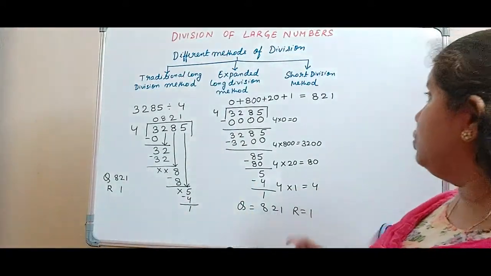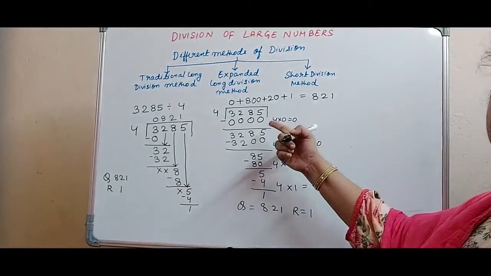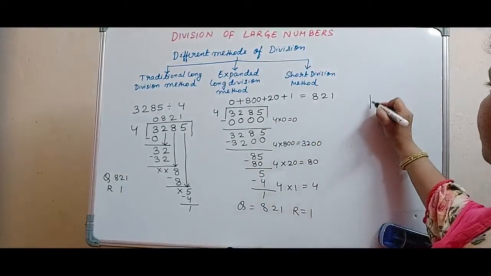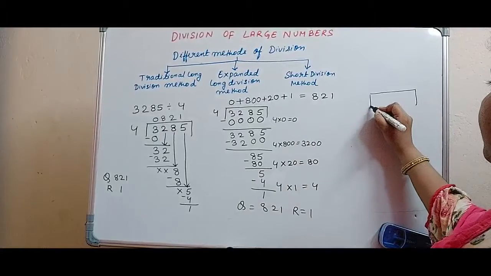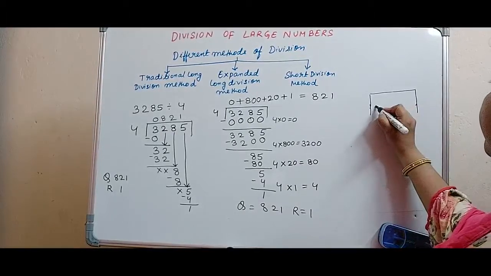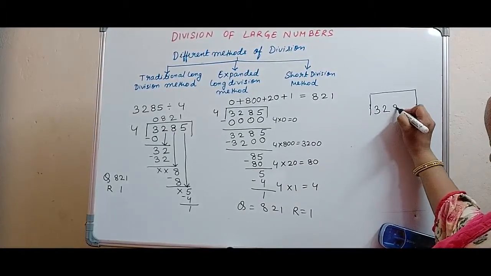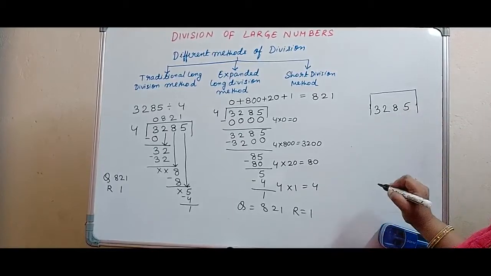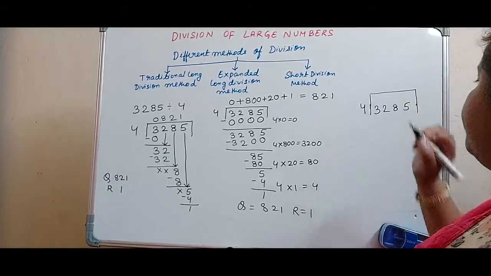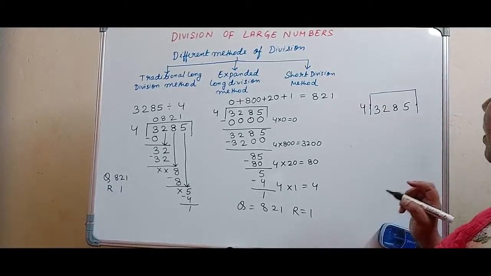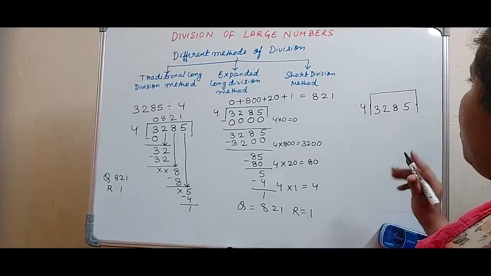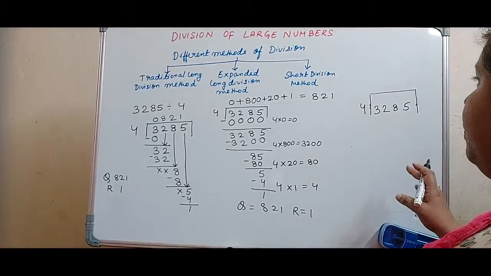Now we come to the short division method. The same numbers I am taking. We are doing 3285 divided by 4. Now what we are doing: 4 8s are 32, we say.